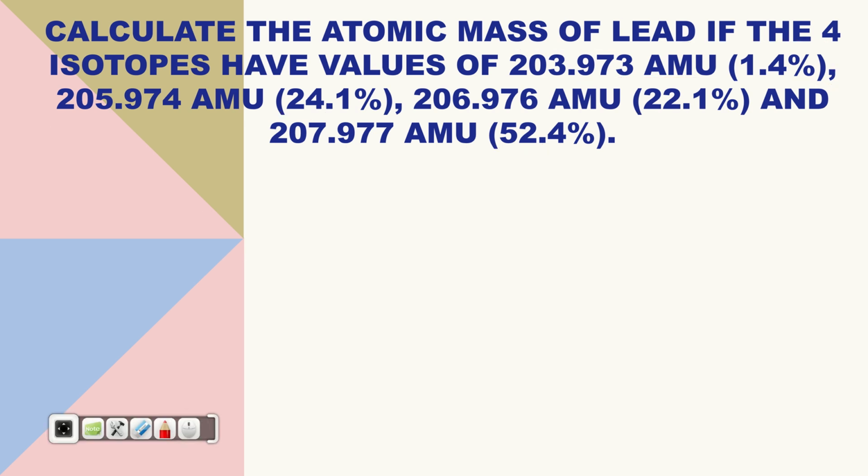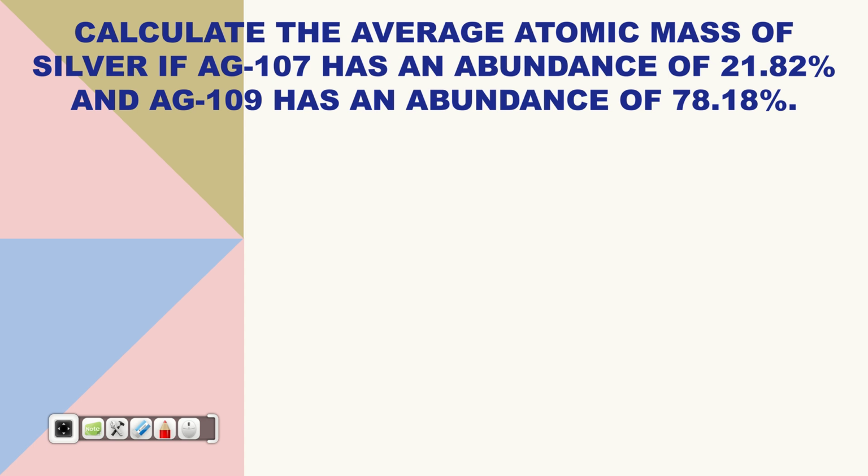All right, again, I'm just putting each one together. I'll do one more because I feel like we don't need to go too crazy with this. So I like this one. It has silver, Ag107 has abundance of 21.82, and Ag109 has a percent abundance of 78.18. All right, I'm already going to point out one little error here. Obviously, this should be capital A, lowercase g, that's silver.